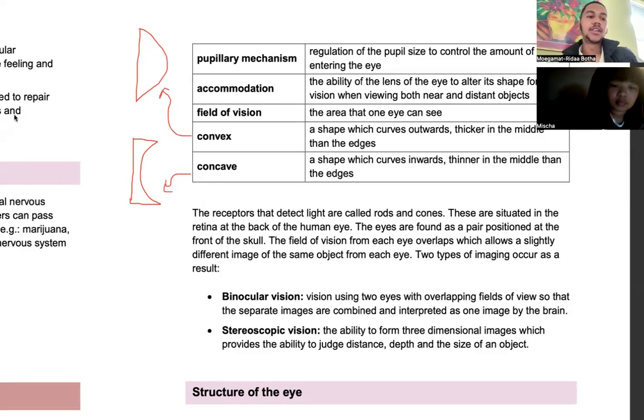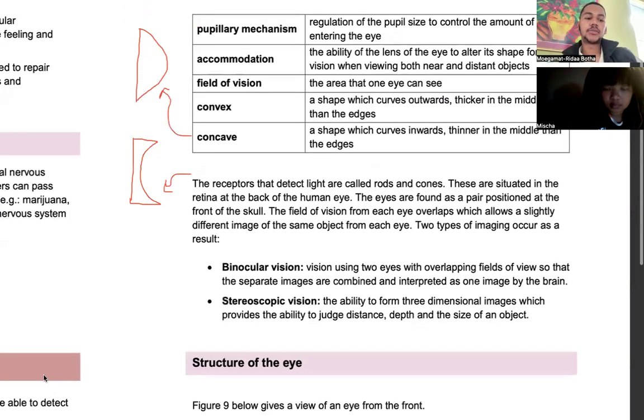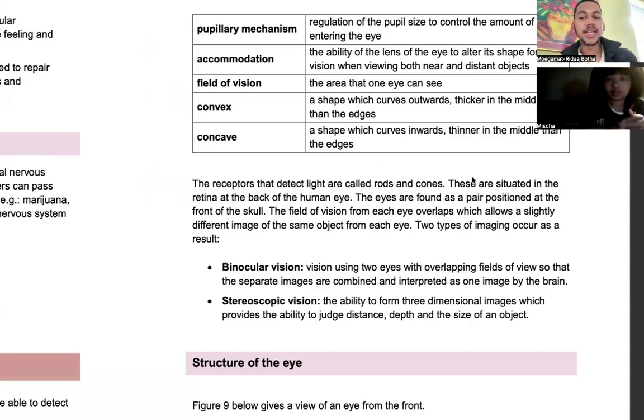Okay, so let's read further. The receptor cells that detect light are called rods and cones. These are situated in the retina at the back of the human eye.